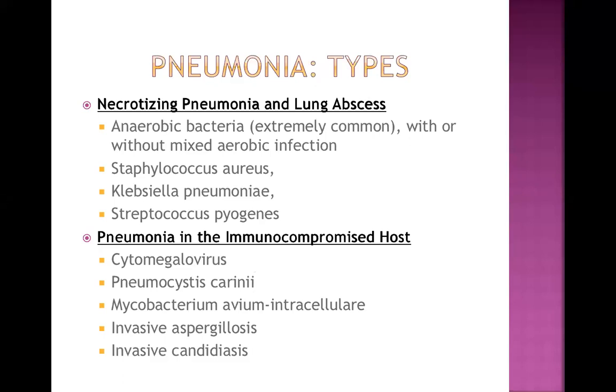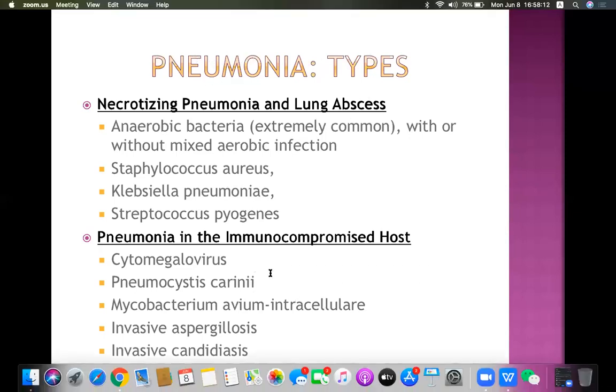These days, the name Pneumocystis carinii has been changed. We call it Pneumocystis jirovecii. Let me write that spelling for you. The Pneumocystis is the same. So we write Pneumocystis jirovecii. This is the preferred term these days.